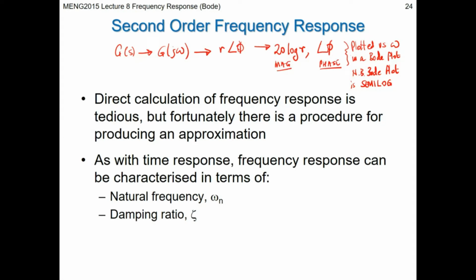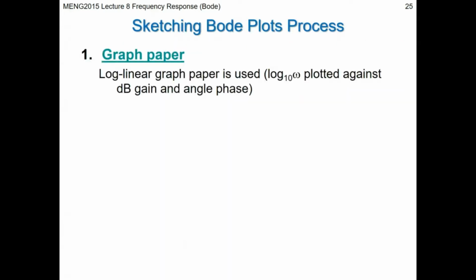As with the time response, frequency response can be characterized in terms of its natural frequency and its damping ratio. So we can get certain metrics that we derive from our Bode plot, and those metrics are our margins, our gain margin and our phase margin. We can relate those back to natural frequency and damping ratio. So let's look at how we go through the sketching process for Bode plots.